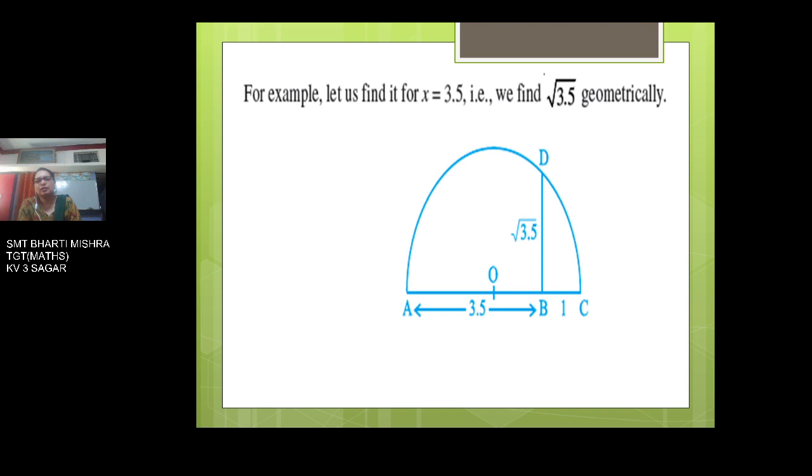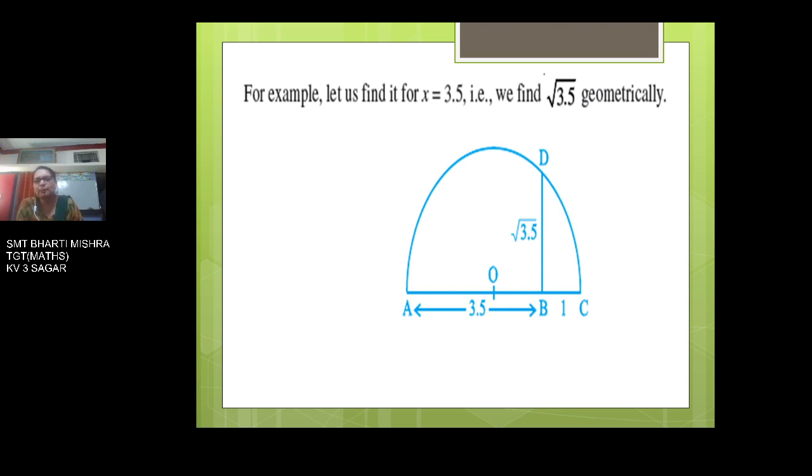Now draw the midpoint. You can use the perpendicular bisector method, that is, the midpoint of AC has to be calculated. Midpoint of AC is O, and keeping O as the center and OA as the radius, complete a semicircle having AC as the diameter.